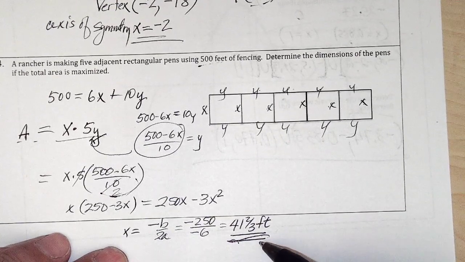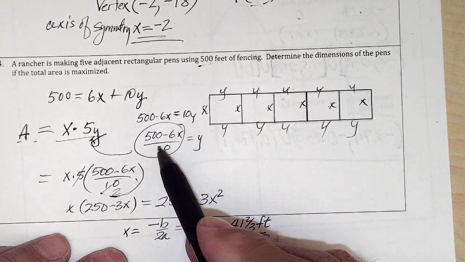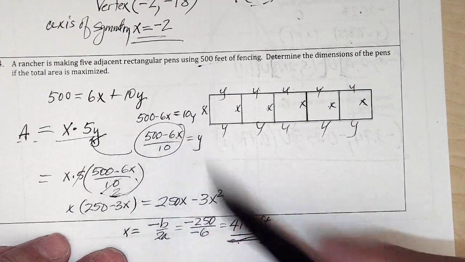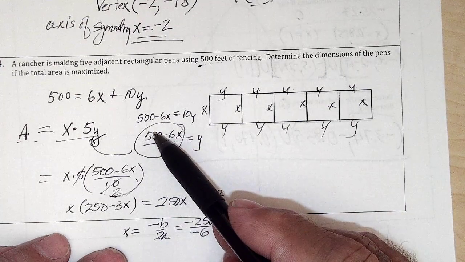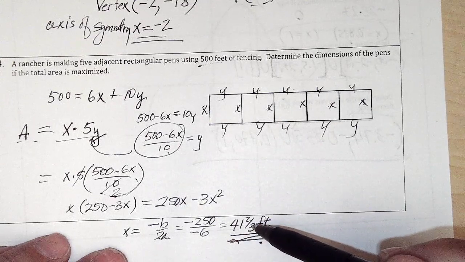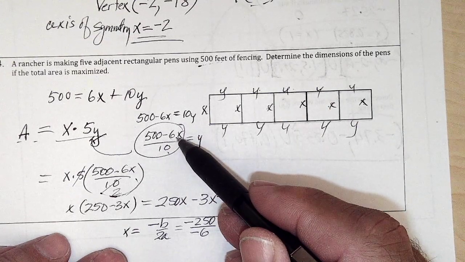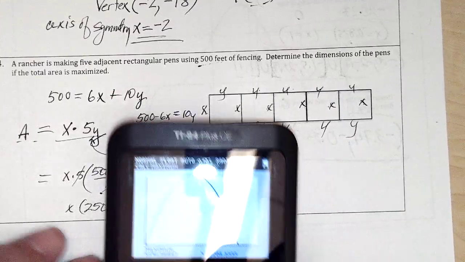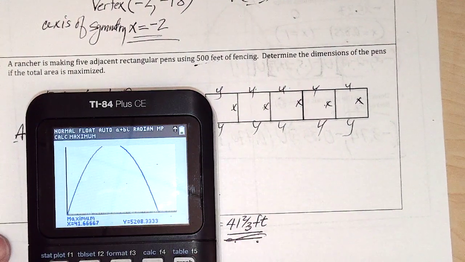So how do I get the y? Well, the y is 6 times this answer subtracted from 500 divided by 10. Well, 6 times this, I've done it a few times, is 250. Some of you may not know how to do that on a calculator.